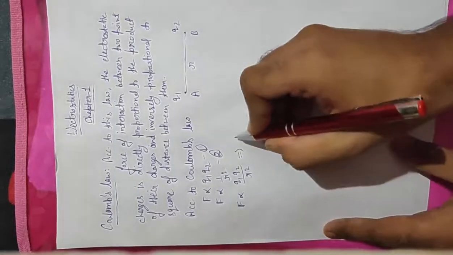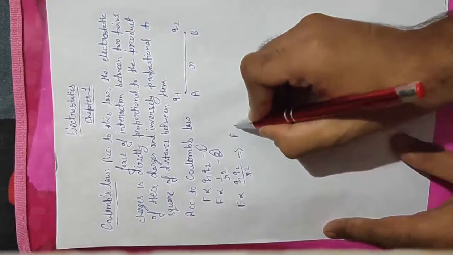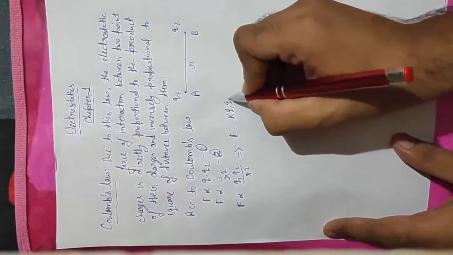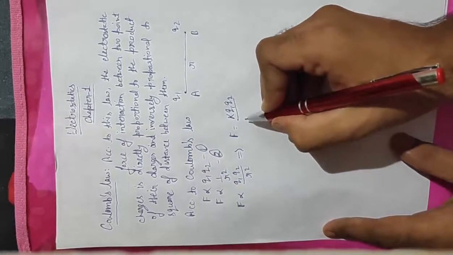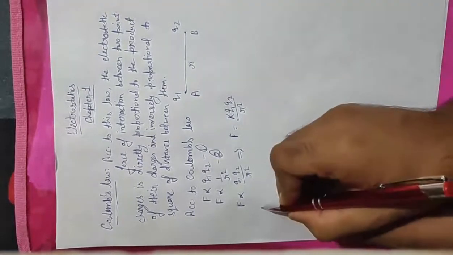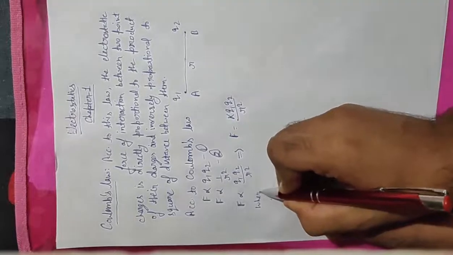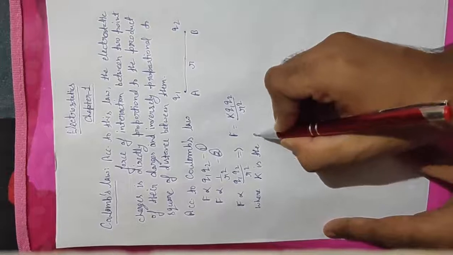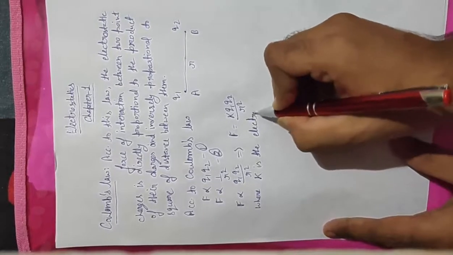On removing the proportionality, we will get a constant, that is F equals k Q1 Q2 divided by r square, where k is the electrostatic force constant.